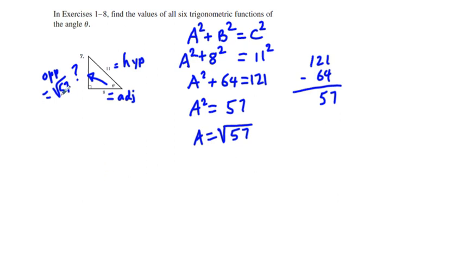Okay, so we use the same things we've used in the past. We have our sine theta equals our opposite, which is square root of 57, over our hypotenuse, which is 11. We have our cosecant theta, which is the reciprocal of sine, which is going to be 11 over square root of 57.